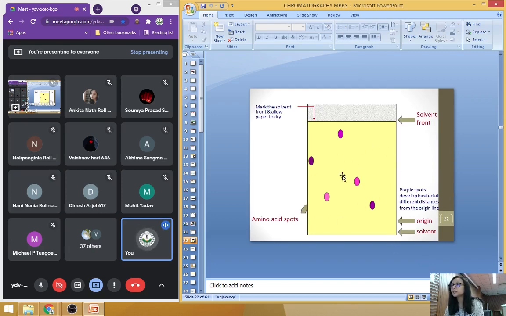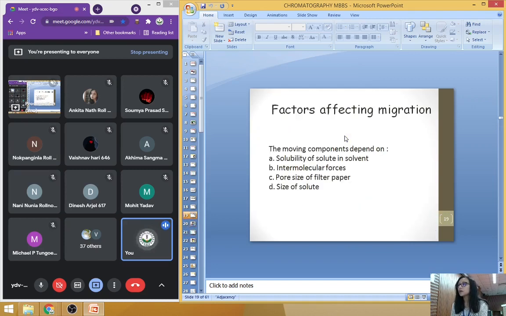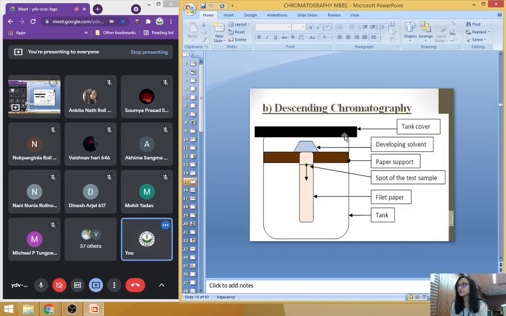When we stain it, we will get different colors accordingly, where that analyte which we want to check has been carried by the solvent. So we will get different colors where that analyte is carried away. So that was for ascending chromatography.